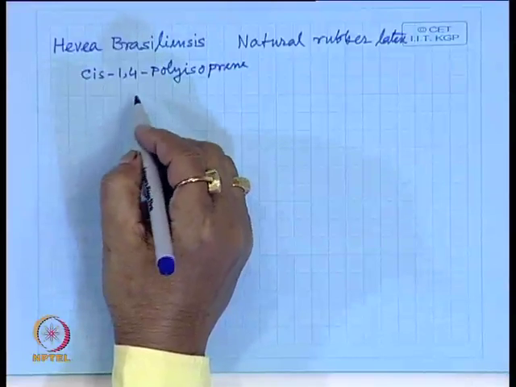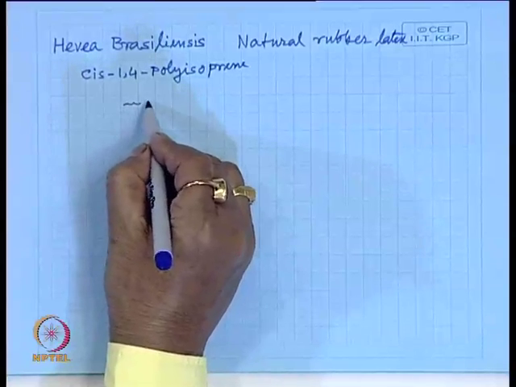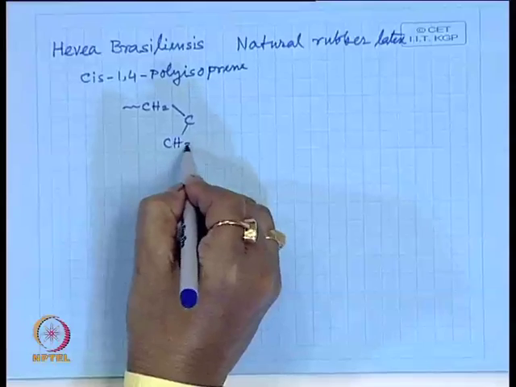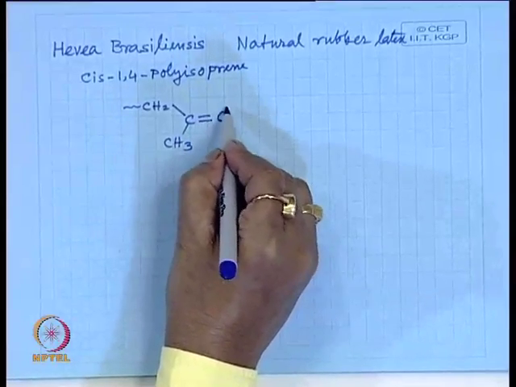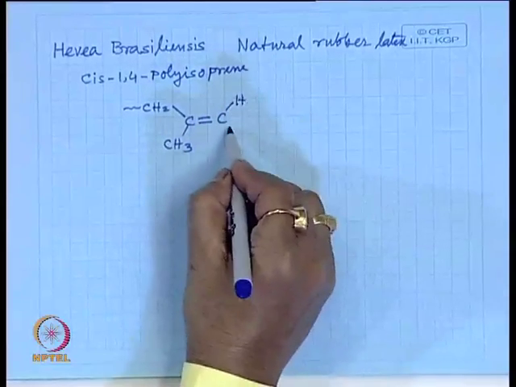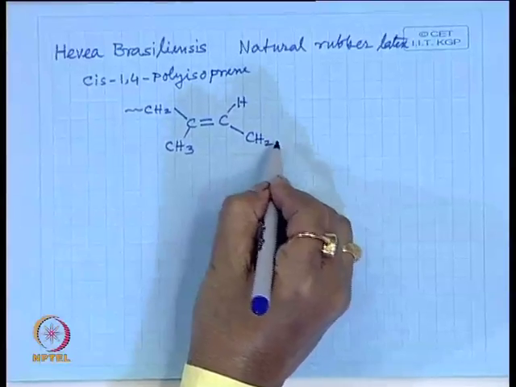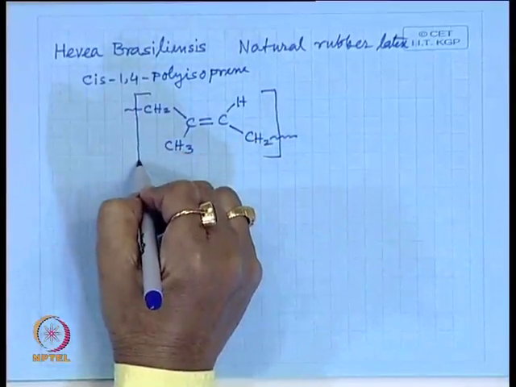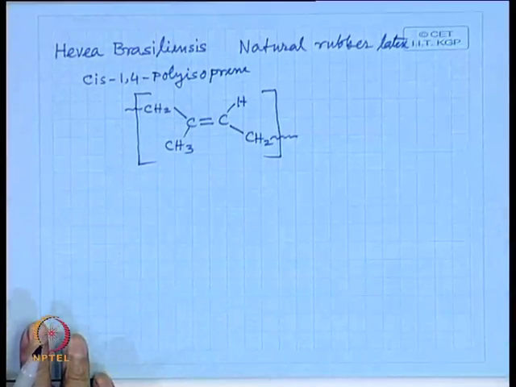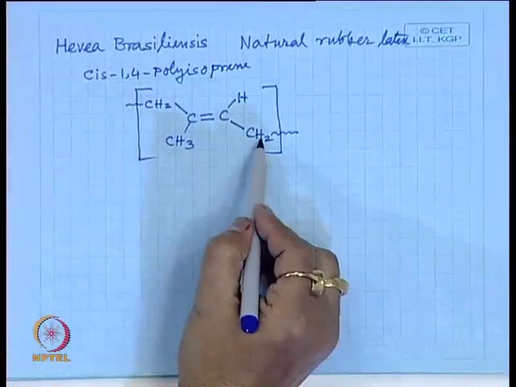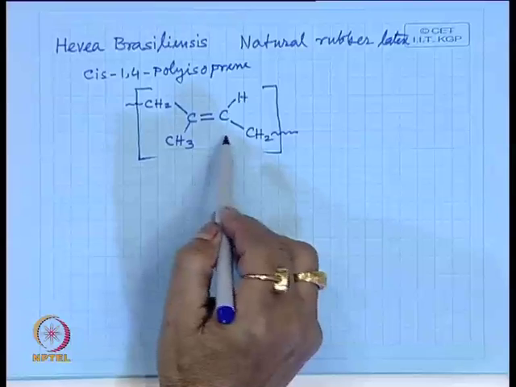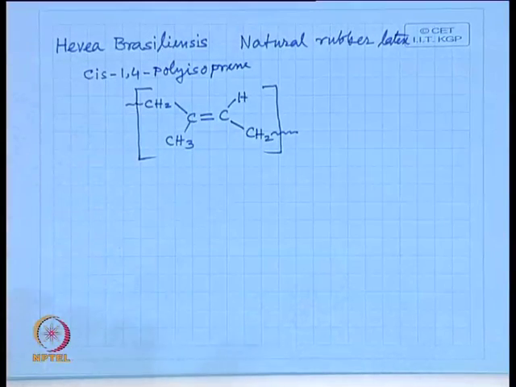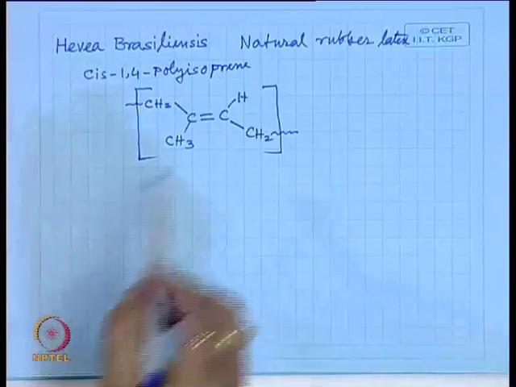And its chemical formula is this: this is one unit of cis 1,4 isoprene unit repeated in sequences. That is why it is called cis-1,4 polyisoprene.